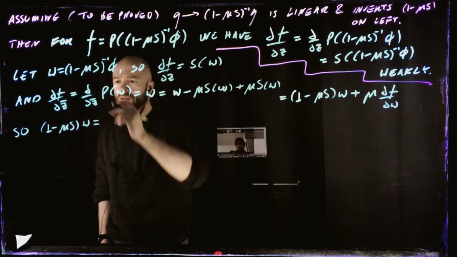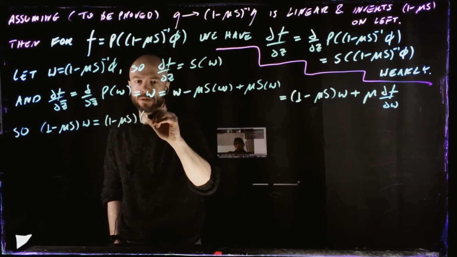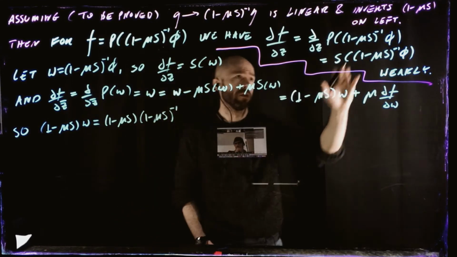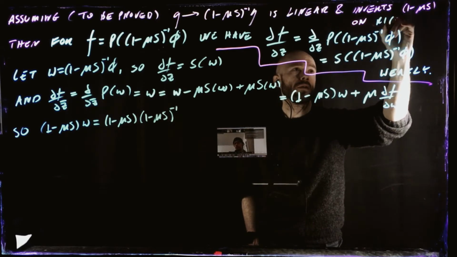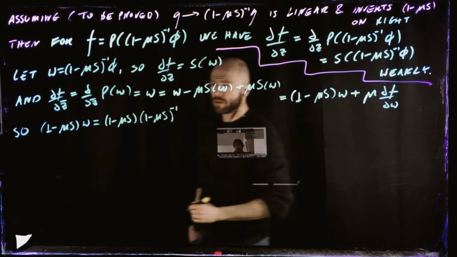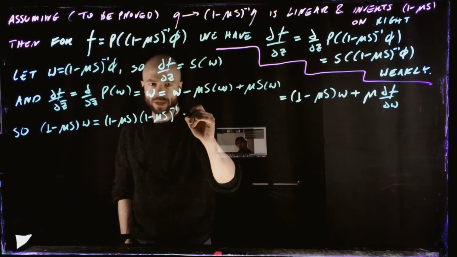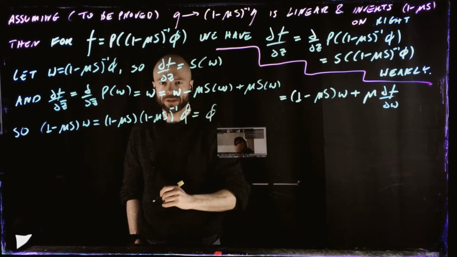Here it is. This is (1 minus mu of S) applied to W. So actually I meant to say the inverse on the right, not the left. Like this, times phi, which gives us back phi itself.